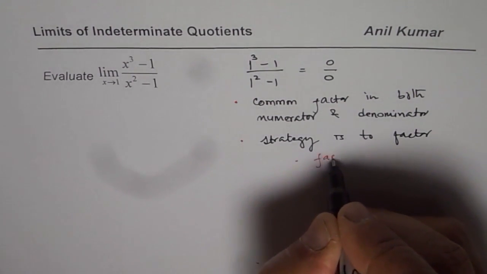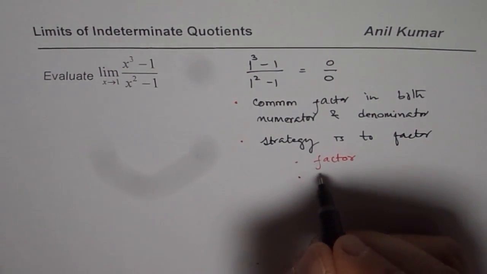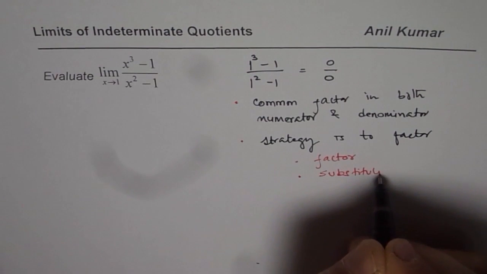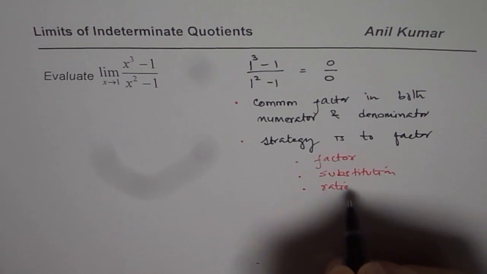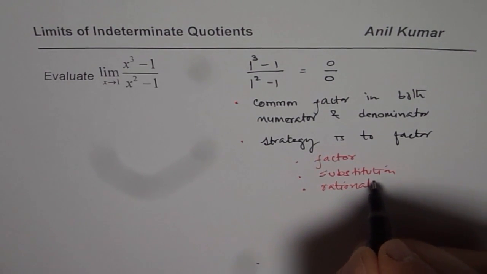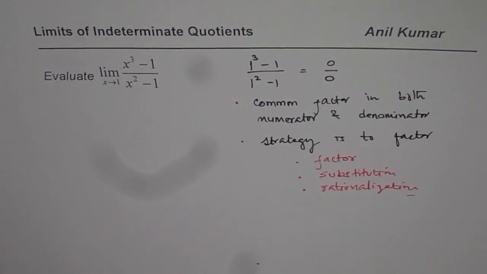So this is the strategy which is to factor and solve. The others will be the method of substitution, and sometimes we'll do rationalization, which is mainly for radical functions. Okay, so let's see how to do factoring here and solve.